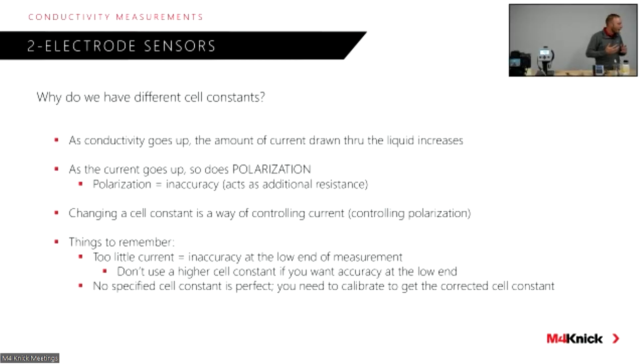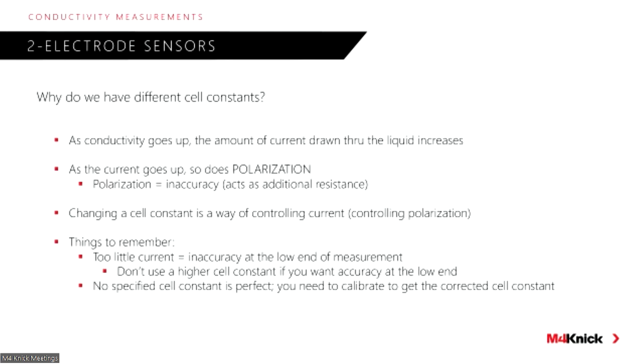And what happens with polarization is that you have the ions start to collect or polarize at one of the electrodes of your two electrode sensor. And this can lead to inaccurate readings.